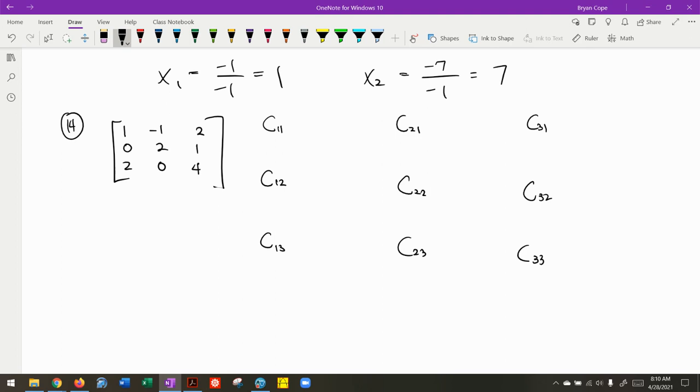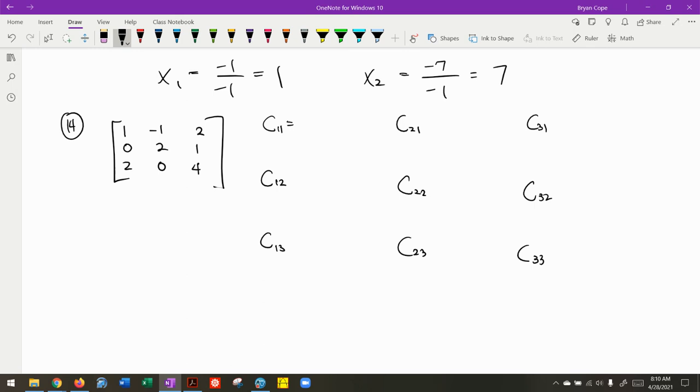Okay, so actually, I did this accidentally, but I put these in the order that they will appear in the adjugate. So we'll be able to just take these numbers and make a matrix out of them, and that'll be the adjugate. So C11, remember, is negative 1 to the 2, so that means we can ignore that part.